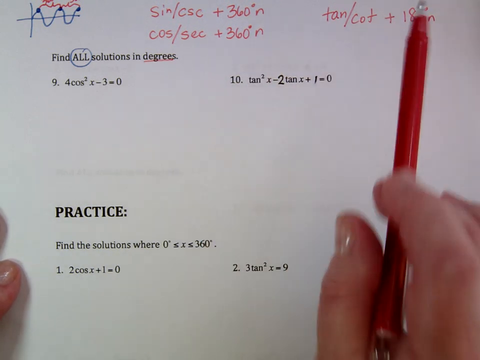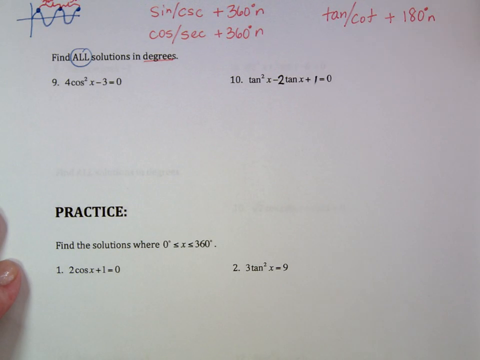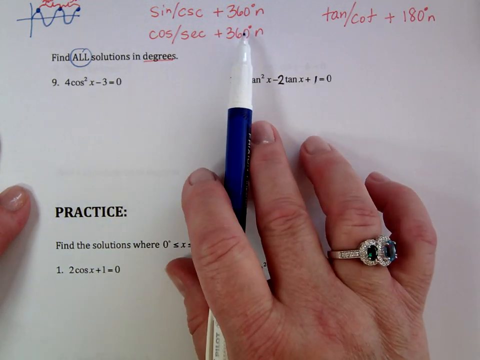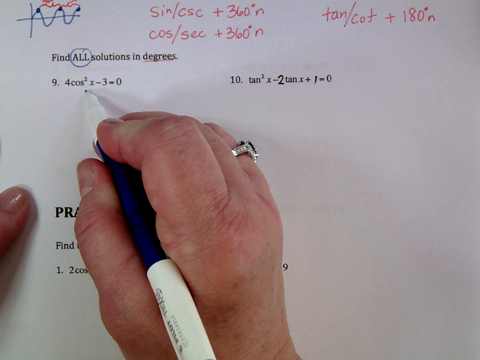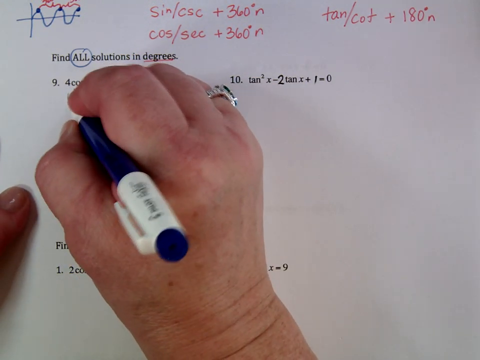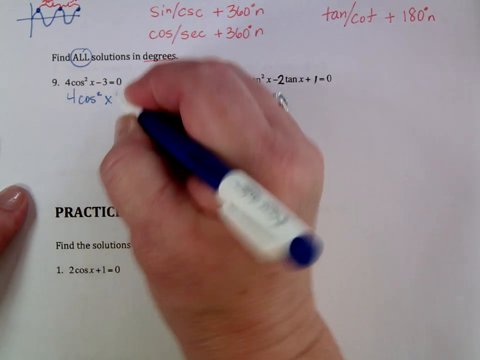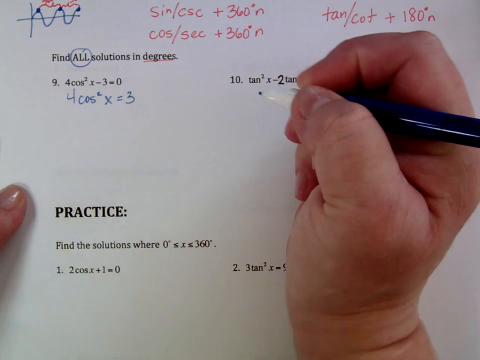So let's try a couple of this type. Now, the procedure for solving these doesn't change from what you did in the first 8 problems. We're doing exactly the same thing to start with. It's at the very end that you have to do this extra doodad. All right, so this one I'm going to solve for cosine. The 3 comes to the other side. 4 cosine squared x equals 3. And then I'm going to divide by 4.